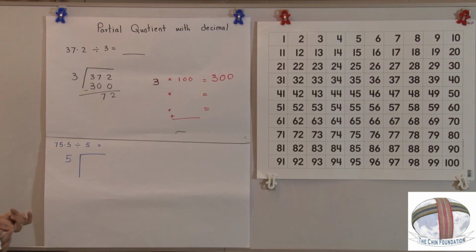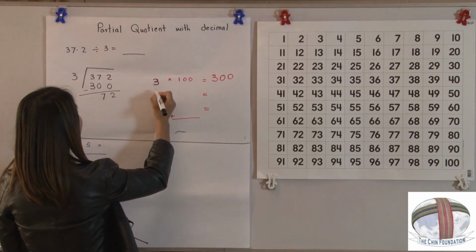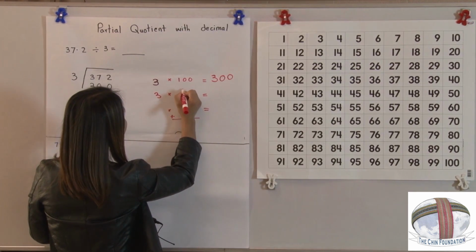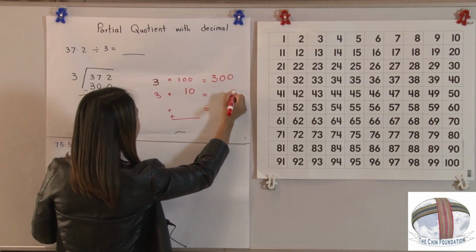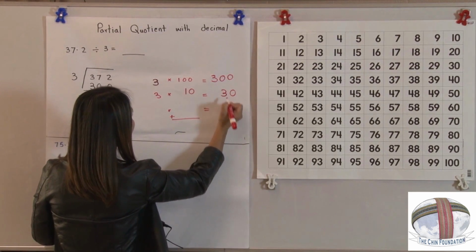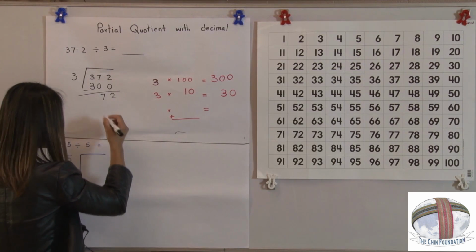So let's say 3 times 10, okay? Because I'm good at 10. So 3 times 10, okay. 3 times 0 is 0. 3 times 1 is 3. So it's only 30. But we'll just go ahead and do it.